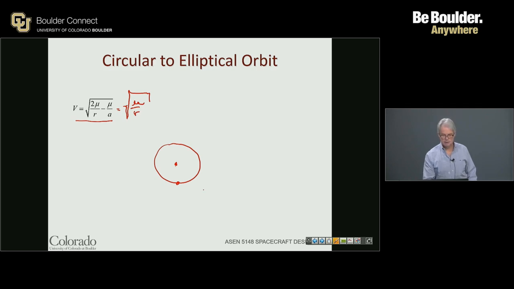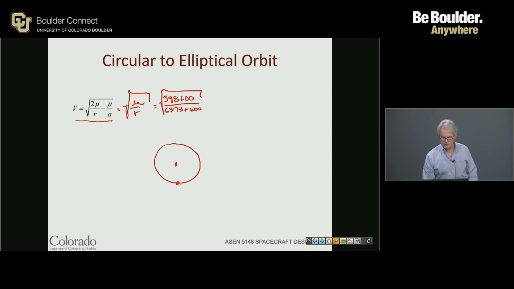Okay, so the velocity would be, let's say we're the Earth, 398,600, divided by the radius, and let's say we're at 600 kilometers altitude around planets, so we'd be 6378 plus 600, square root of that. That would tell me the velocity on the circle.